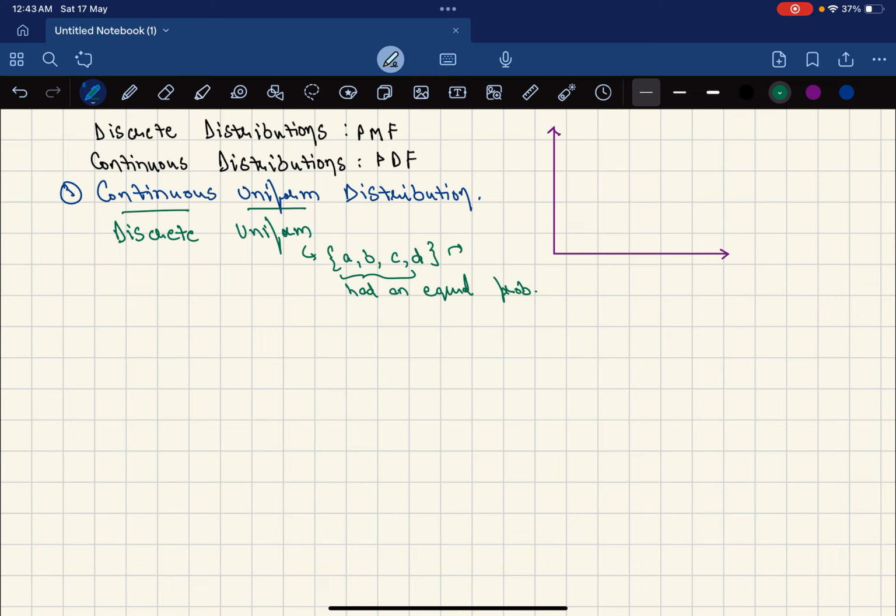Now let us say if there are n values, which is n equal to 4 in this case, the probability for each value was calculated as 1 upon n, which is 1 upon 4 in this case, in the discrete case, which meant P(X = a) is 1 by 4, P(X = b) is 1 by 4, and so on.